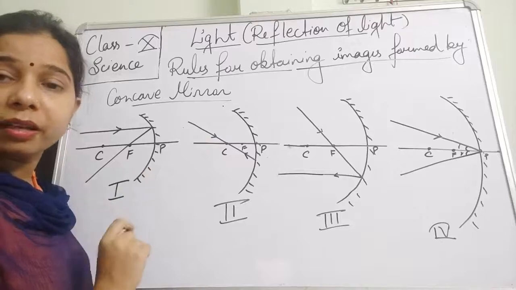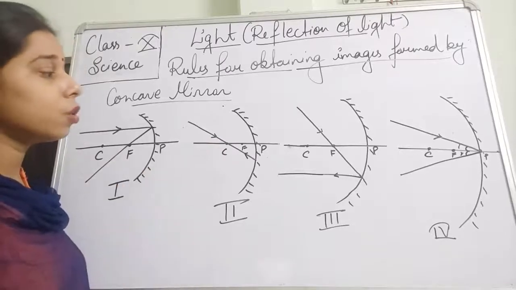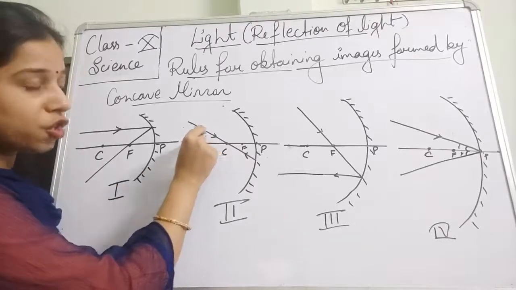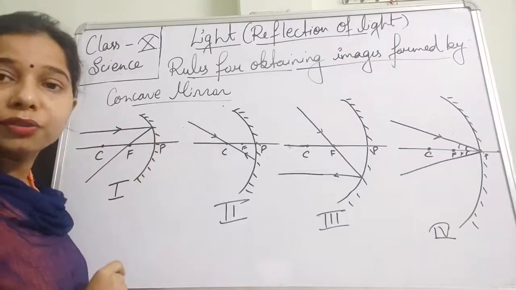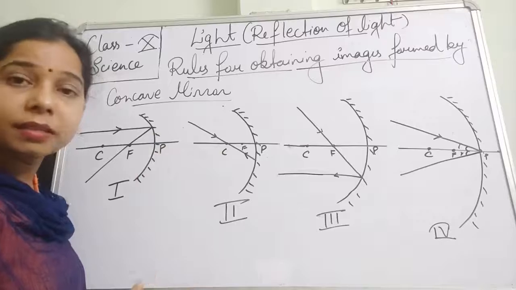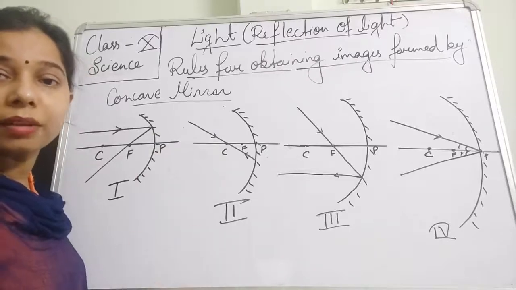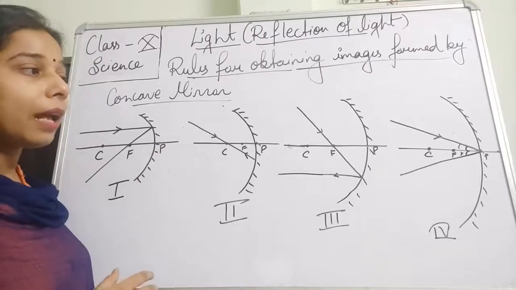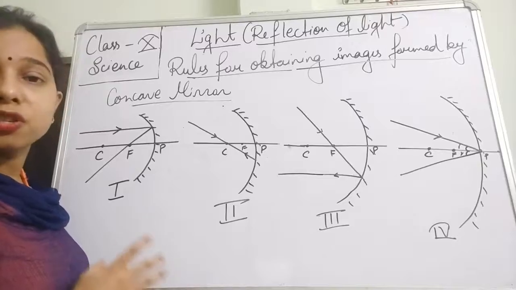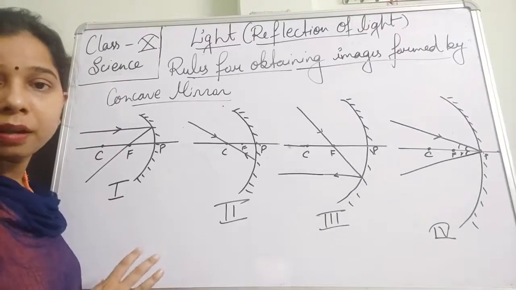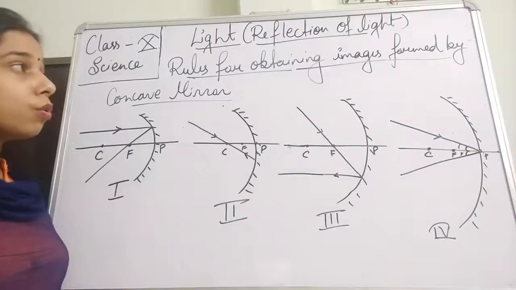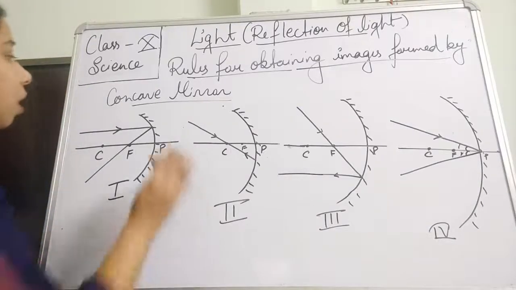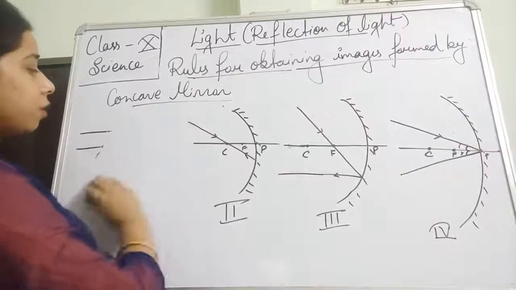Actually, it is compulsory to make an arrow on the line of the ray. That is why it is a light ray. Ray means which has an arrow. This arrow helps in telling in which direction the light is moving. So these are the 4 rules in order to obtain the images formed by the concave mirror. I hope you have understood.